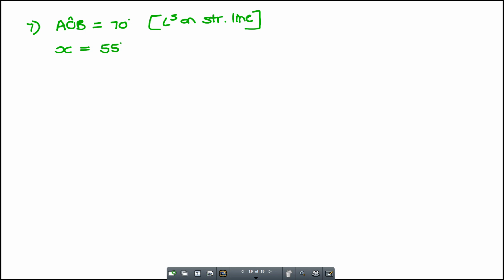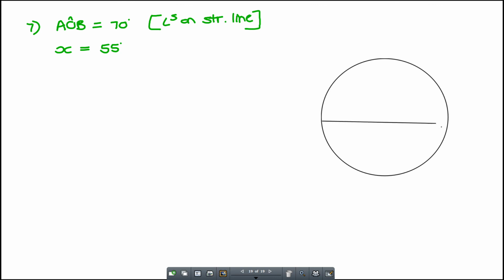En ek wil die prentjie teken. Kyk gou-gou weer. Okay, kyk gou-gou.